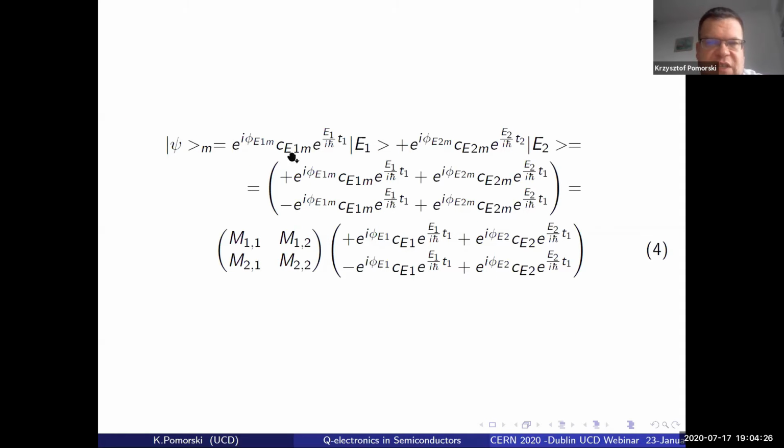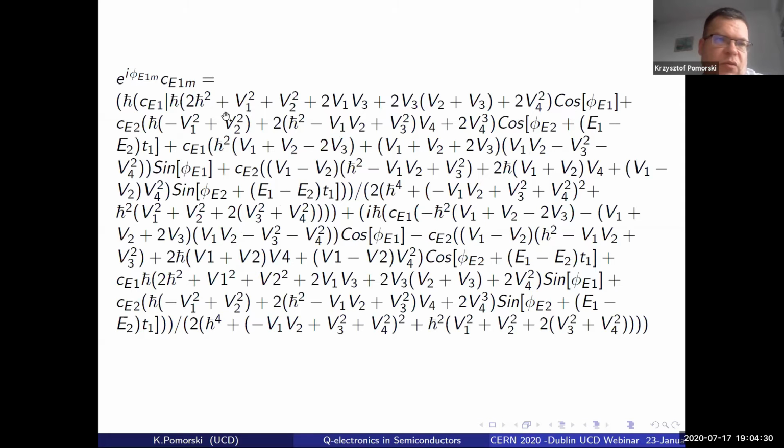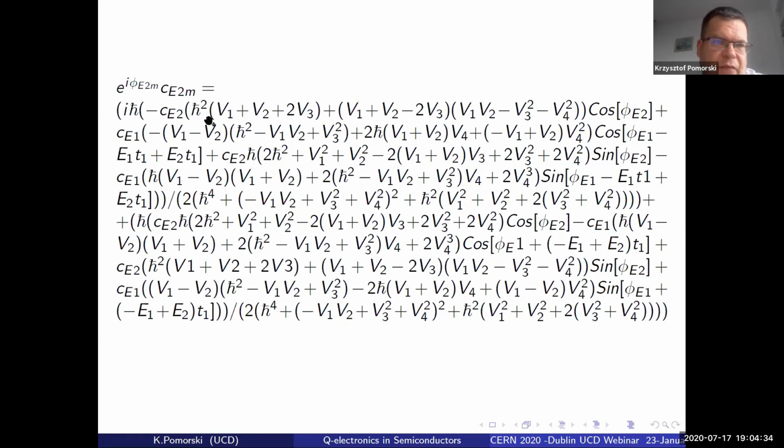So this is the state after the measurement, and then you can get the values of those coefficients in a fully deterministic way. This is an elementary relation, nevertheless it's a bit lengthy, so I will maybe skip a more detailed discussion on this.